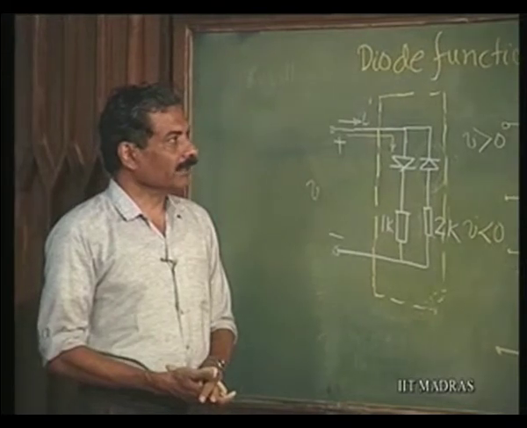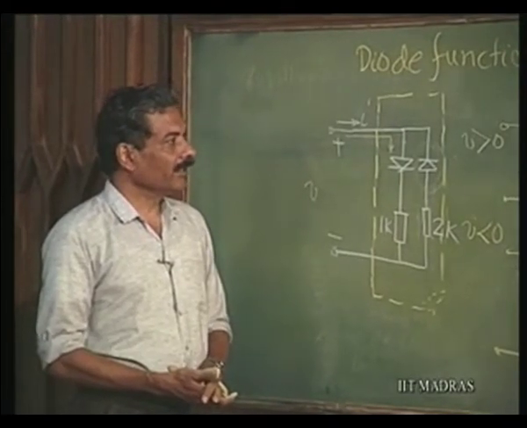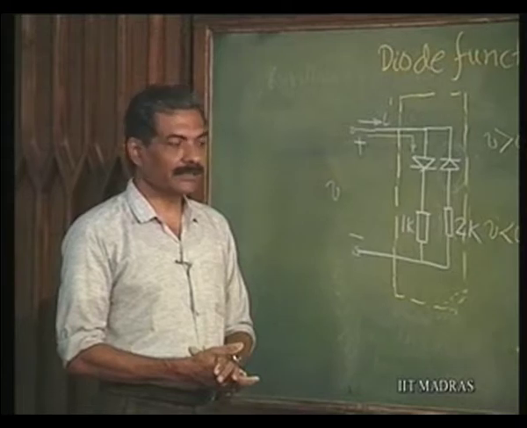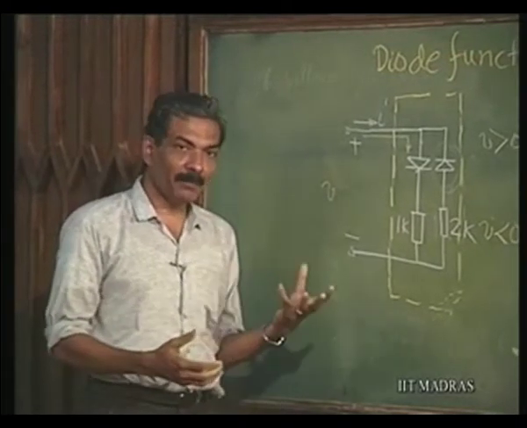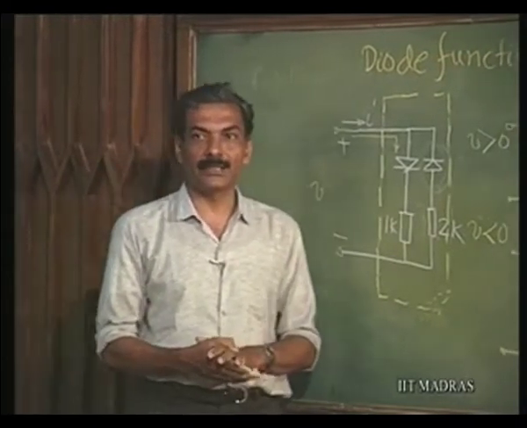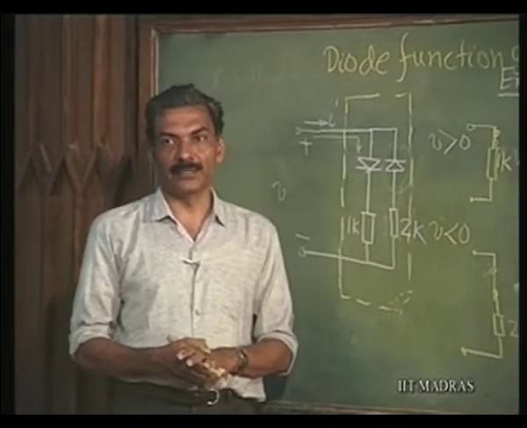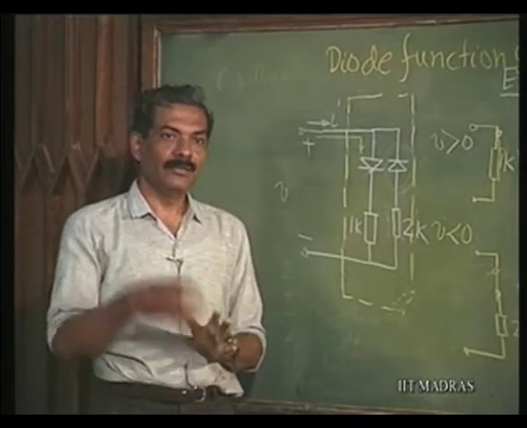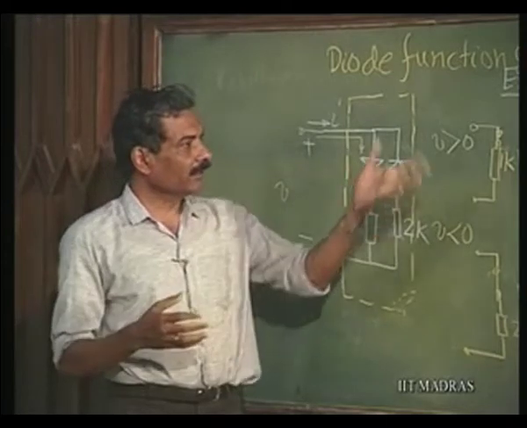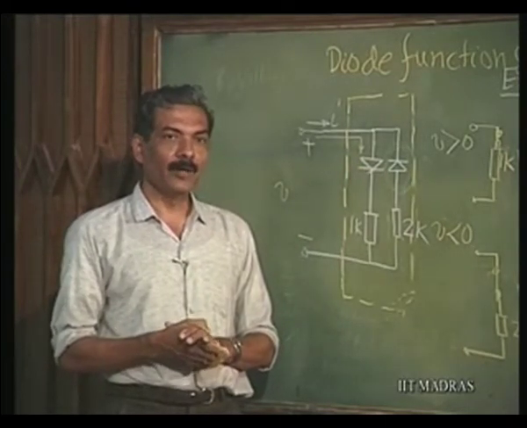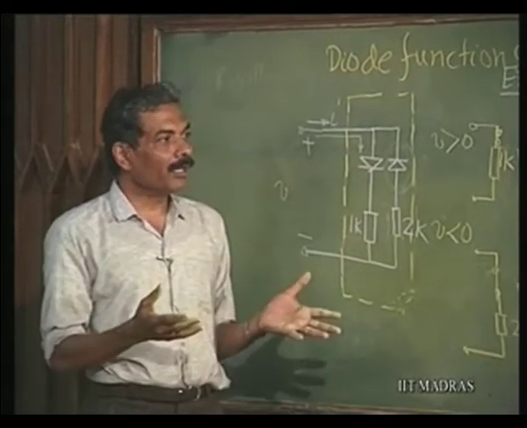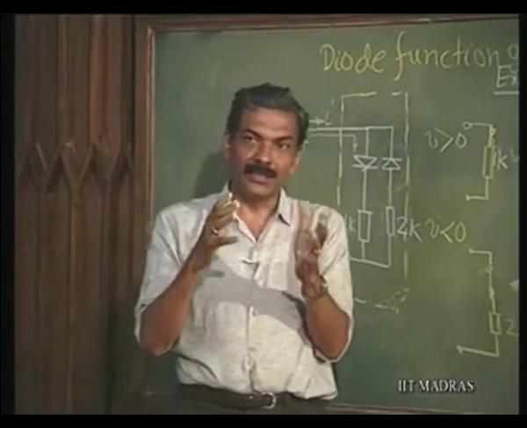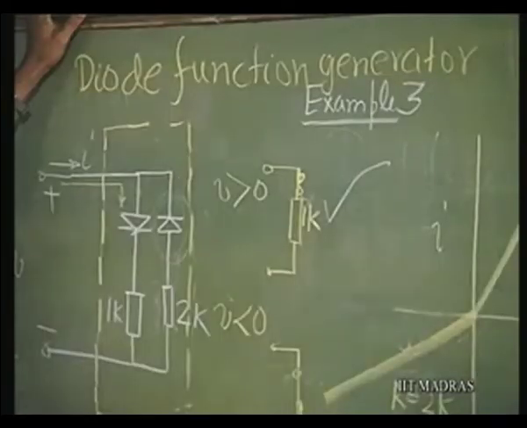So, in the next class we will see more about this diode function generation. A special application of diode function generation obviously is a rectifier diode, where we have similar nonlinear characteristics obtained for processing a specific signal which is called sinusoid.